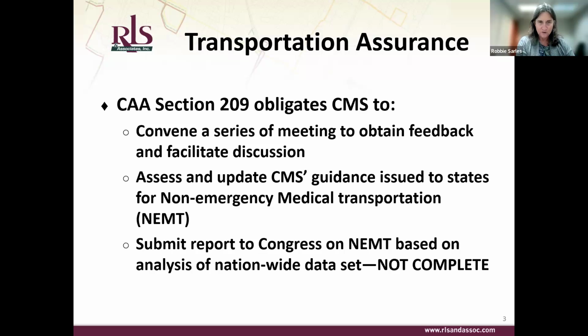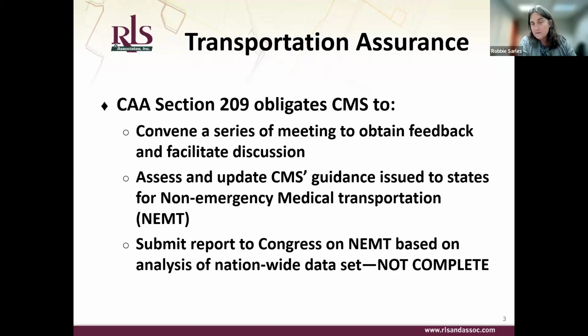And then that feedback was used to accomplish the second thing, which was to assess and update the CMS guidance that had been issued previously, to consolidate it, to update it, to hopefully make it make sense, and then to communicate it. That's what the guidance we're talking about today is, the outcome of that effort. So they've completed the first step and the second step. The third step is that they are also to report back to Congress on NEMT based on an analysis of nationwide data.